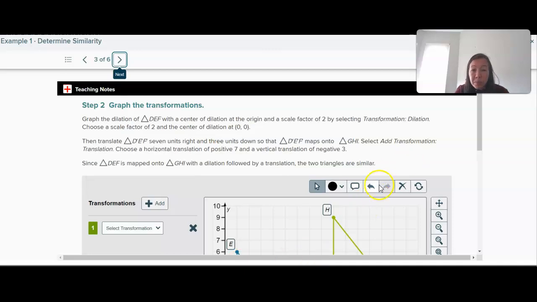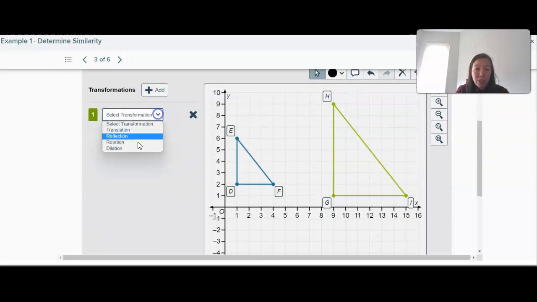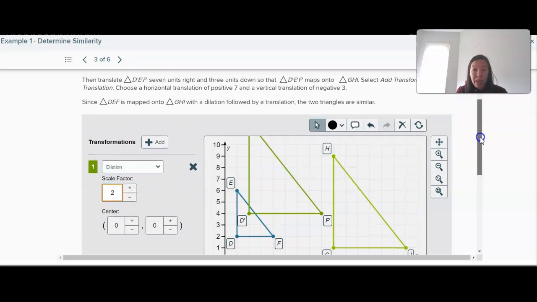If we graph this and we do a dilation with a scale factor of 2, then DEF becomes D'E'F'. And then what can we do?